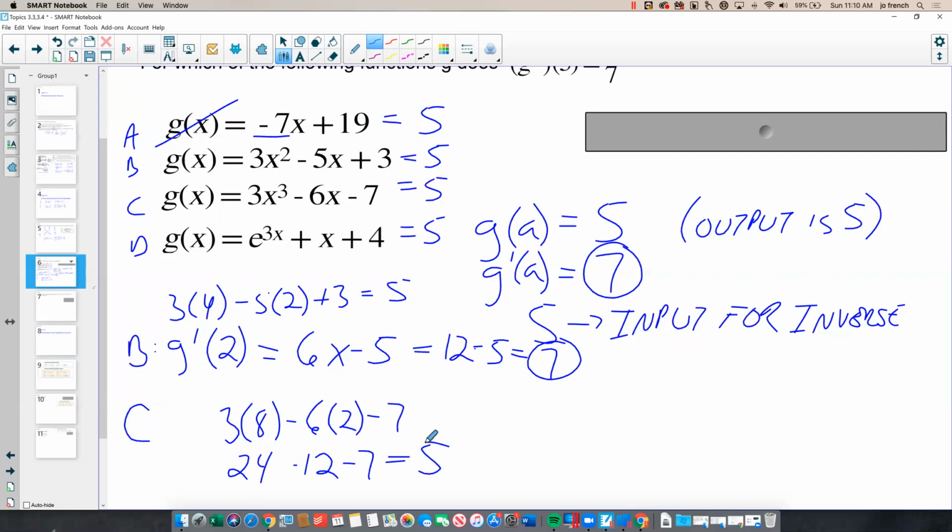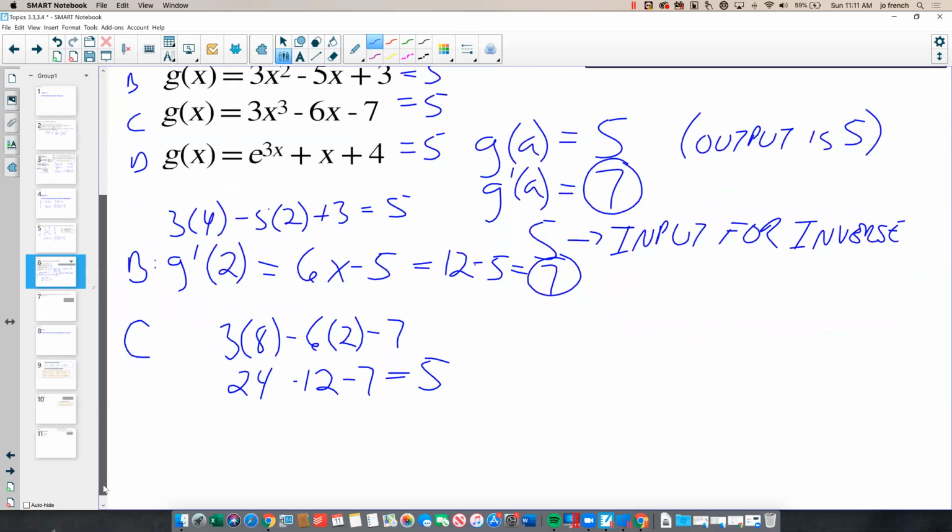So we are looking again at C prime of 2 to see if it's equal to 7. So C prime, the derivative of 3x cubed, is 9x squared minus 6, the derivative of negative 6x, and then 0 for the derivative of negative 7.